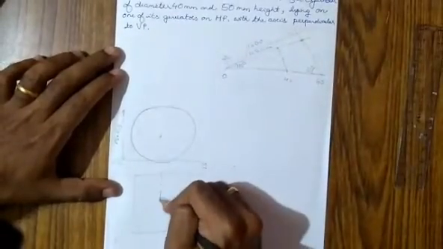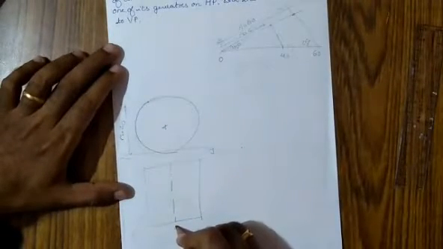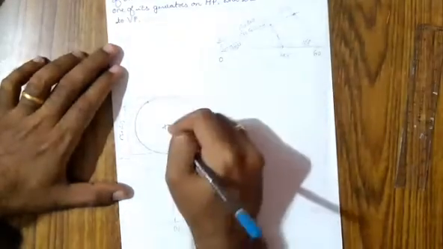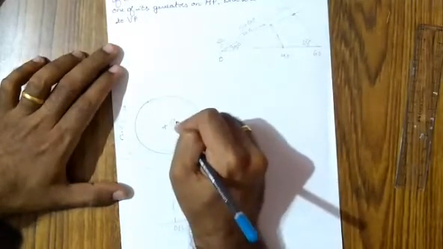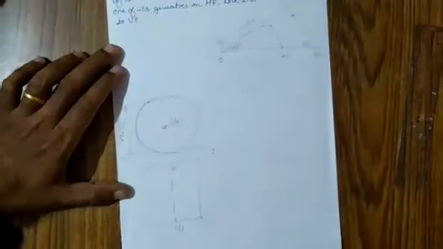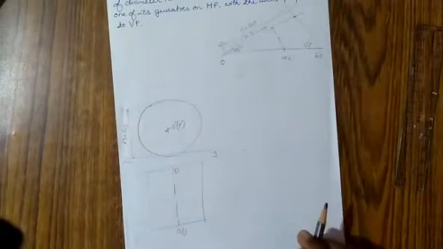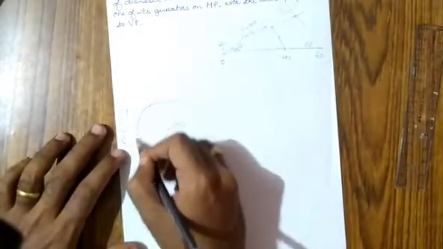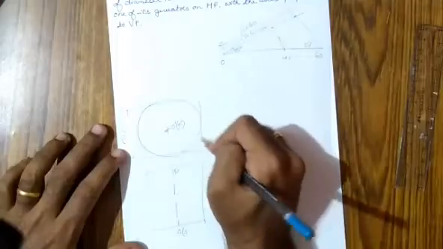This is the axis. Let's name the axis as OP. So this is O dash P dash in the front view. Before starting to draw, all you have to do is draw this in an enclosed box.